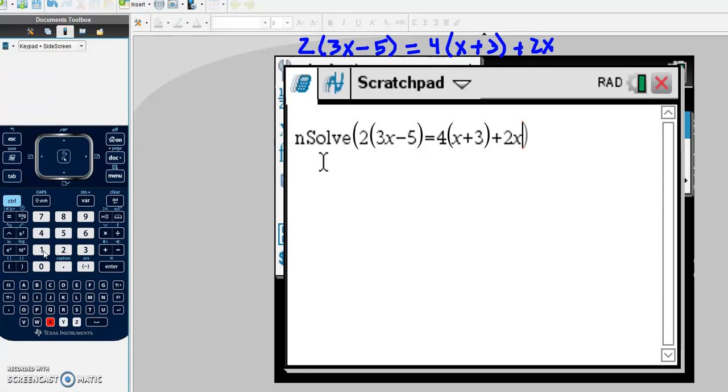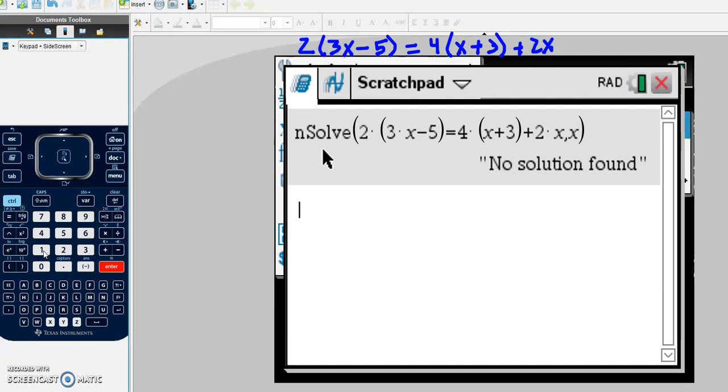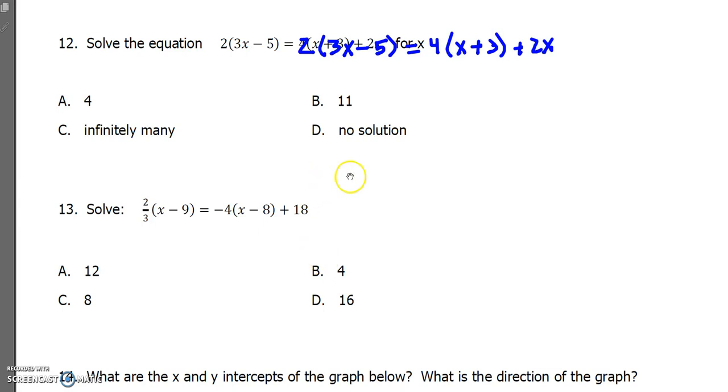And we're solving for x, so comma x at the end, and then we can hit enter. So it comes out no solution found. So let me flip back to our paper. And you can see no solution right here is one of our answer choices. So let's go ahead and put no solution.